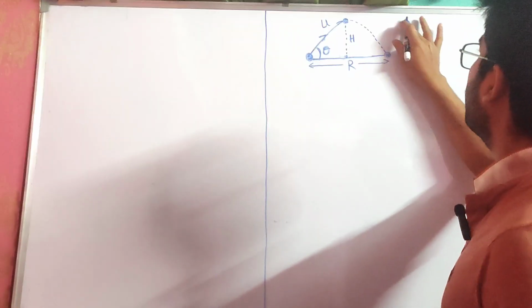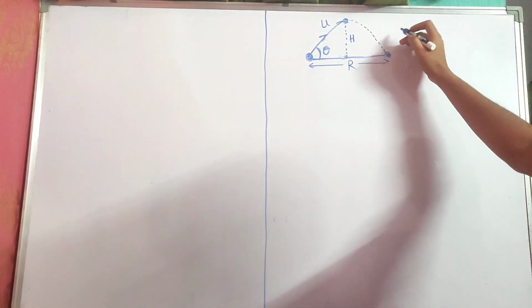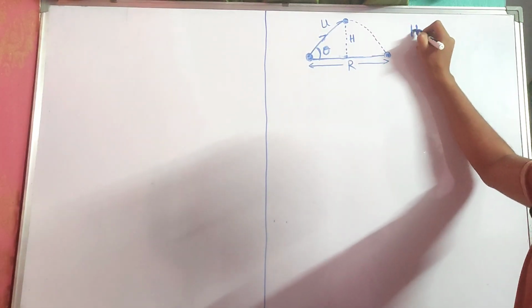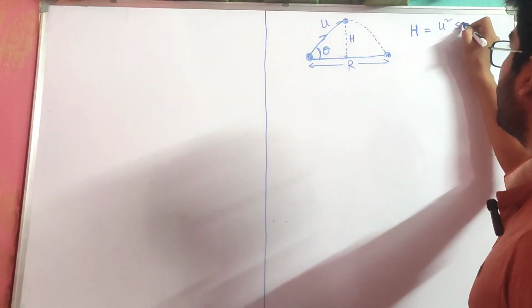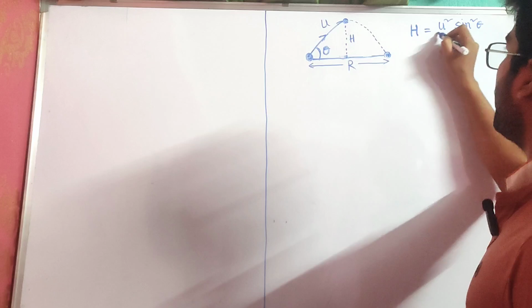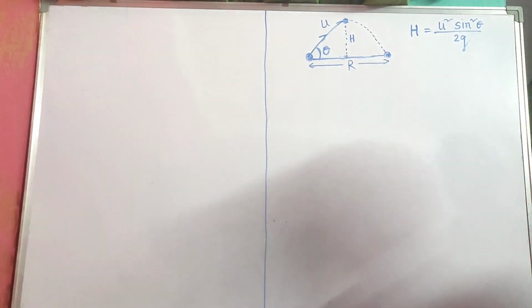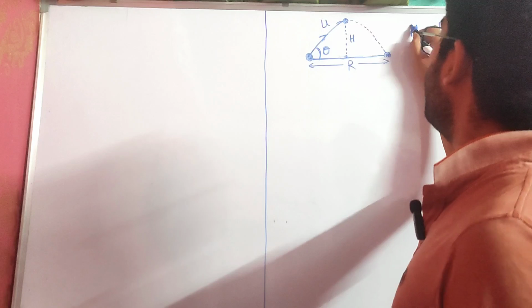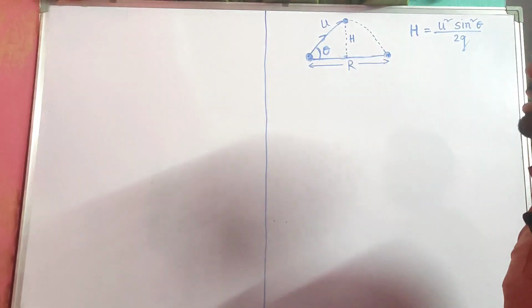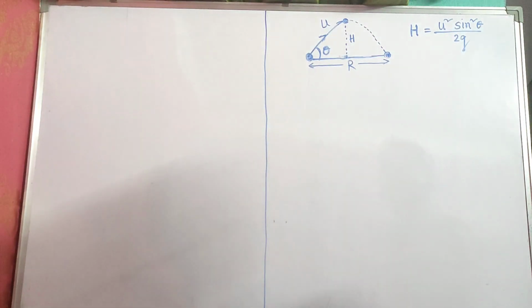We know from the formula of height, h equals u square sin square theta by 2g. H means the height of the flight of a body.